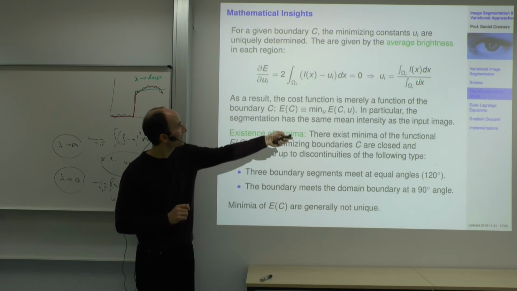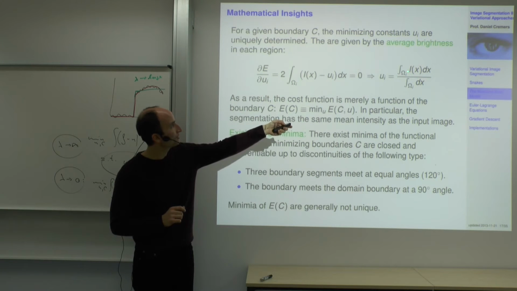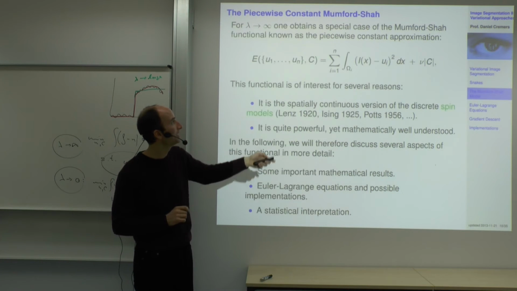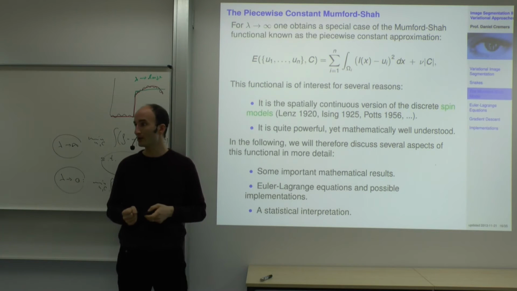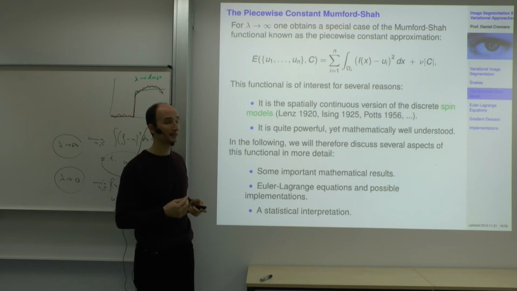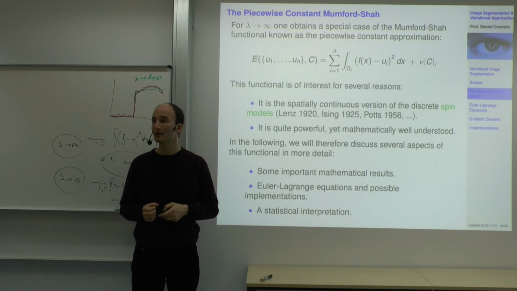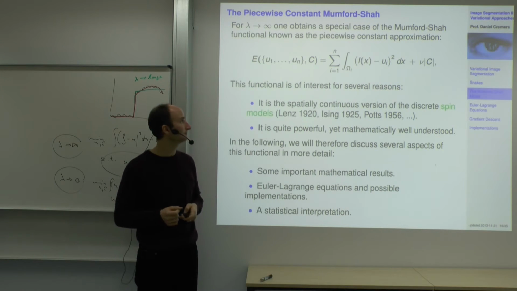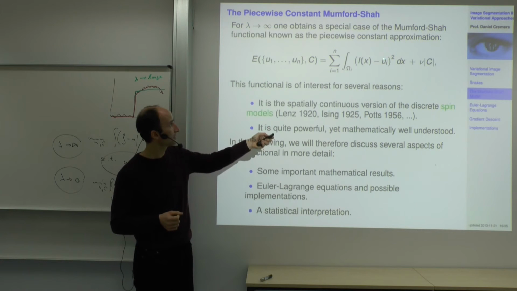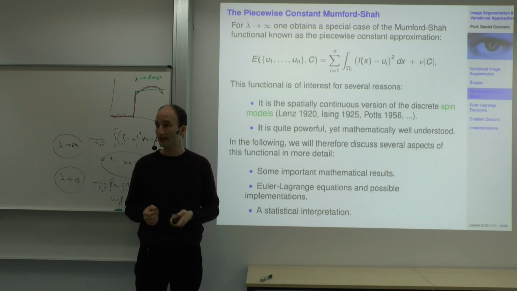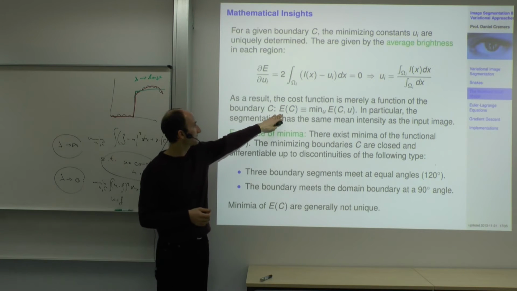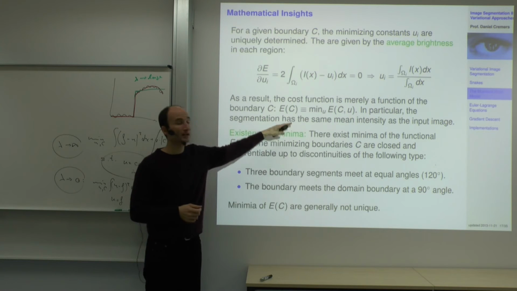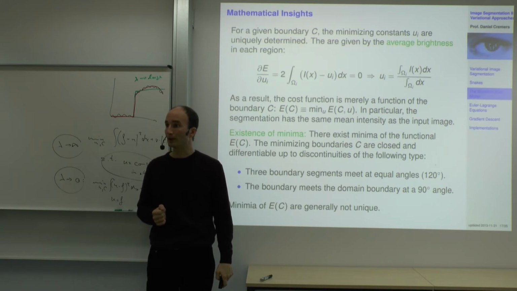And if you take this expression that has a numerator and a denominator that both depend on omega I and insert that in here, you have such a complicated dependency on omega I that it makes the whole optimization problem more nasty. And so typically one doesn't plug it in here but rather alternates. But in principle you can plug it in here, and then with a slight abuse of notation you get an energy that only depends on the boundary.